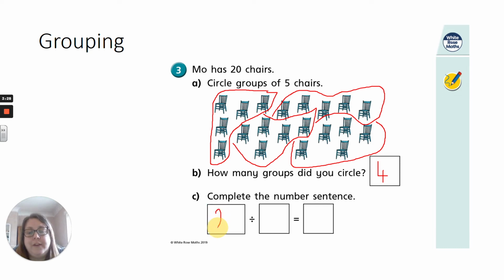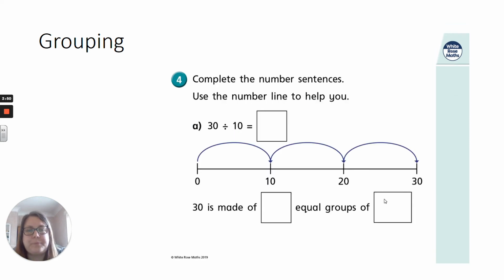So we need to put 20 first because that's our biggest number because we're dividing all of the chairs, aren't we? So if we've got 20 chairs and then we divide it by how many groups we've got. So that's 4, which gives us 5 because we've got 5 chairs. So we've just used these 3 numbers to make our sentence. Well done if you did that.